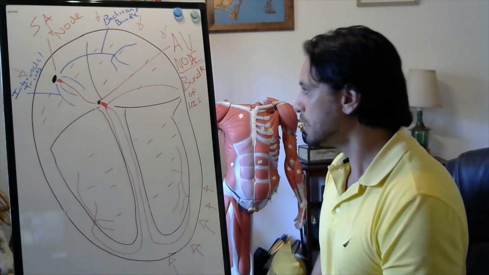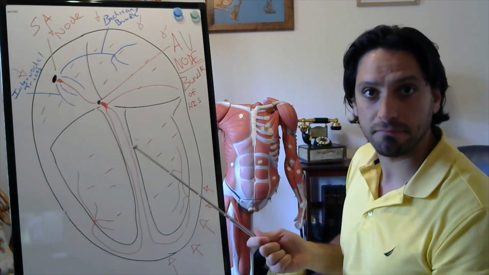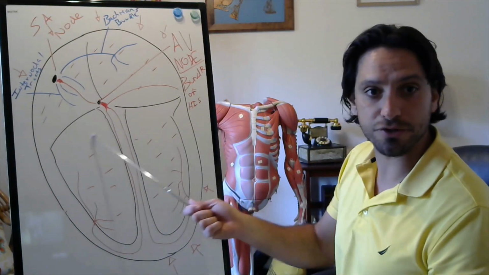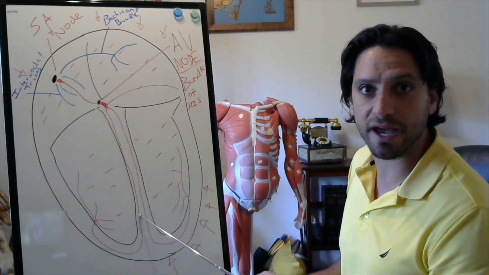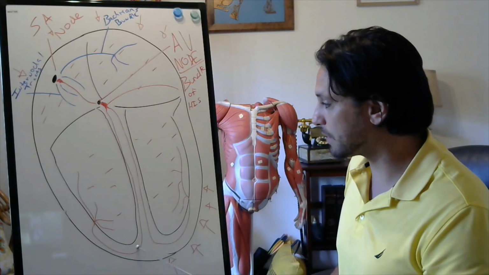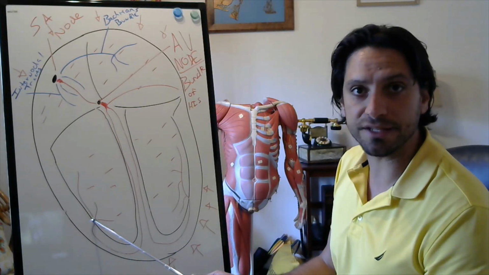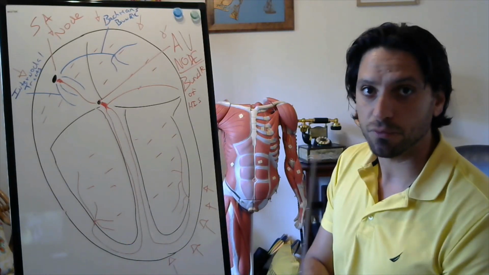All right? So we don't want these two fibers to come out and, pointer tool, go to our right and left ventricle here. Okay? We want it to travel down the septum and come around and then enter the right and left ventricles here.